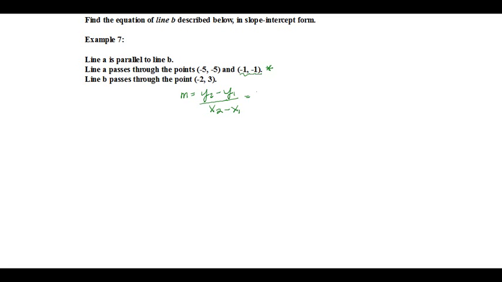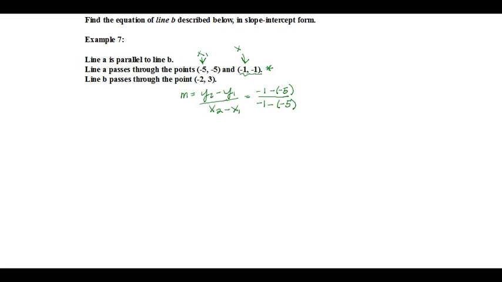So if I start with -1 for my y2, subtracting -5, okay, from the first set of points. And then I have my x1 and x2 to look at. So x2, I'm going to use -1, going back here to where I started, and subtracting again a -5, they happen to be the same in this one, from my x1.